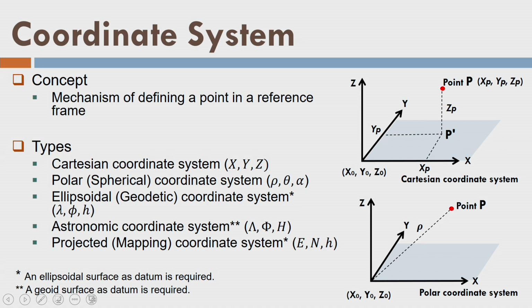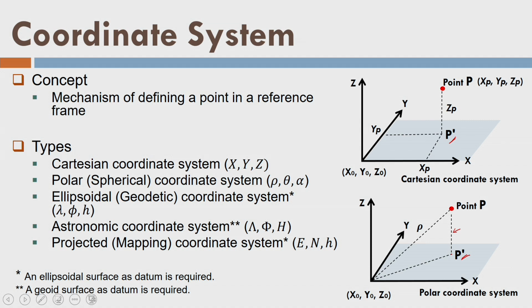Let us define the distance rho, that is the distance from the origin to point P, and there is a point P dash, and now we are dropping the perpendicular from point P to the point P dash here.